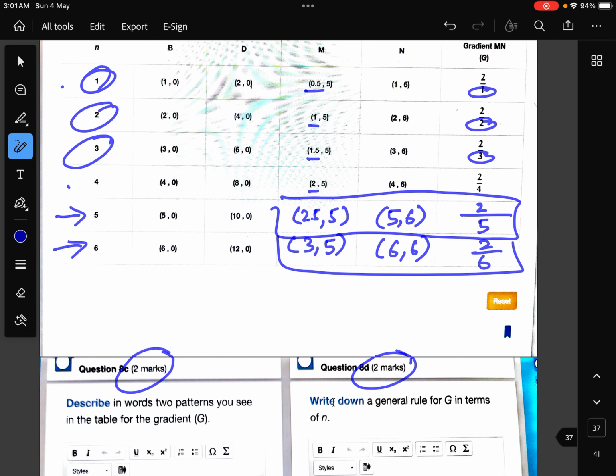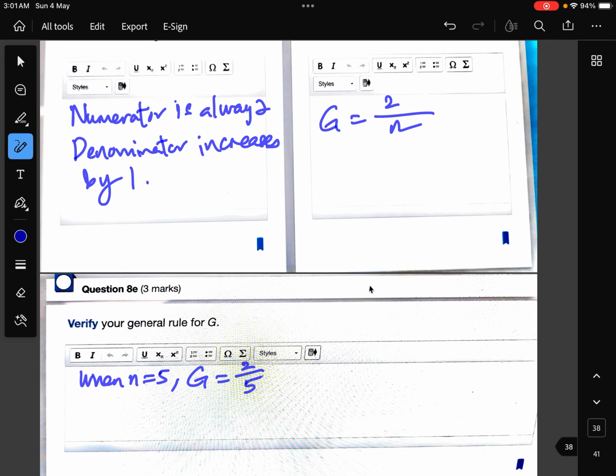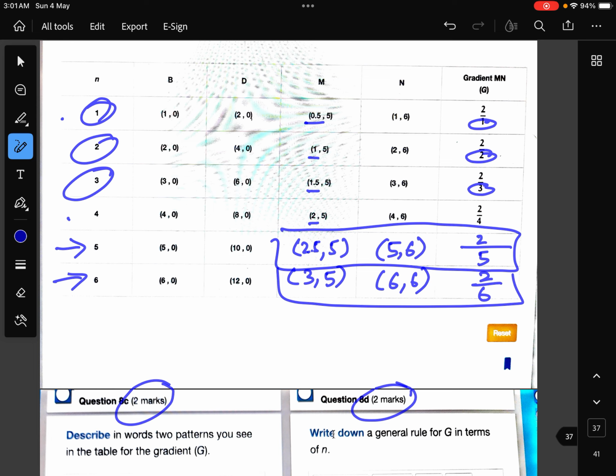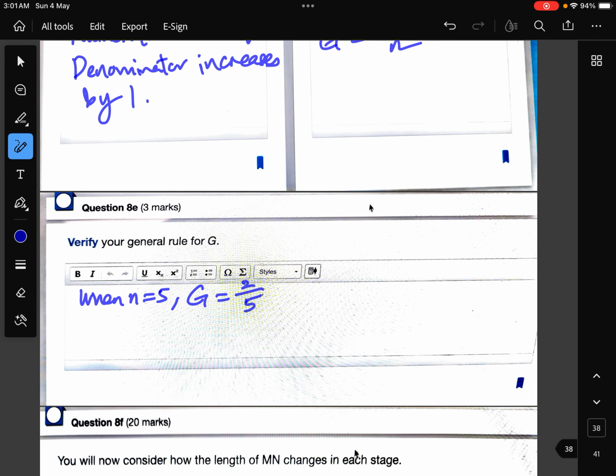Based on the table given to you, when n equal to 5, if you add 1 to the previous value, which is 2/4, that gives me 2/4 plus 1, which gives me 2/5.